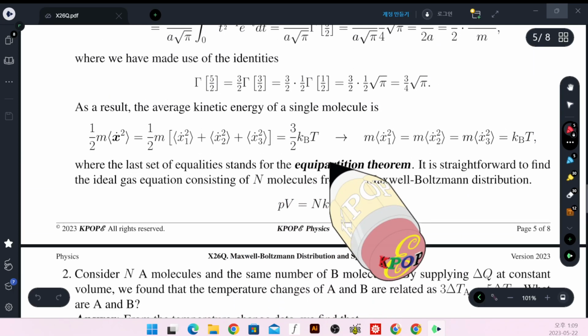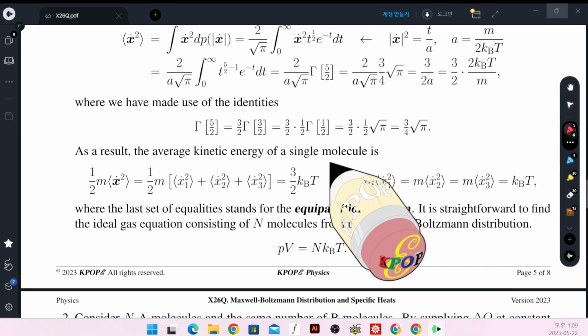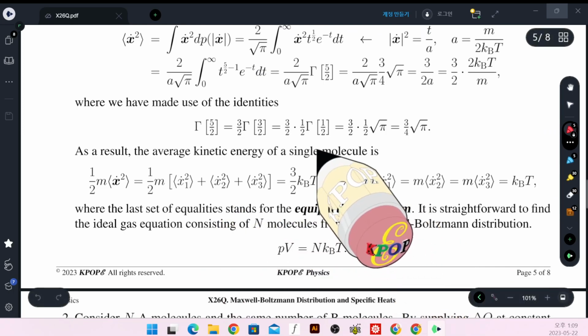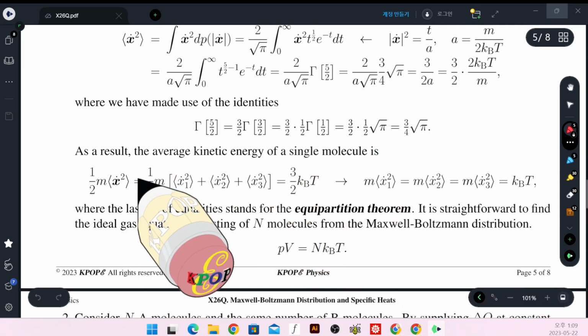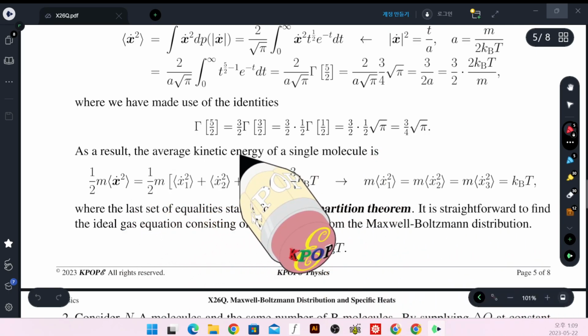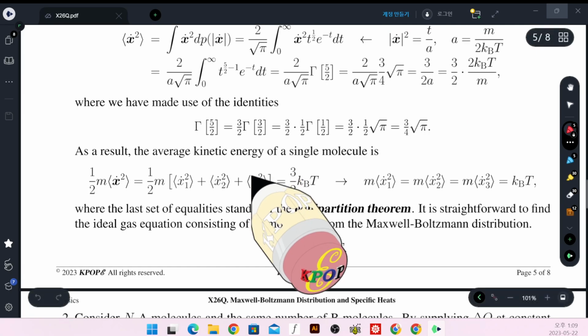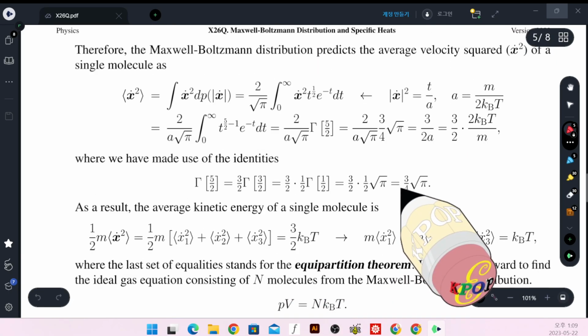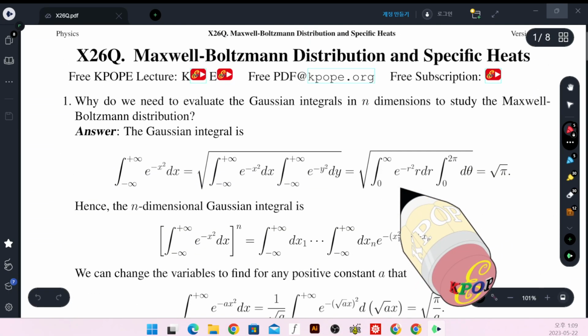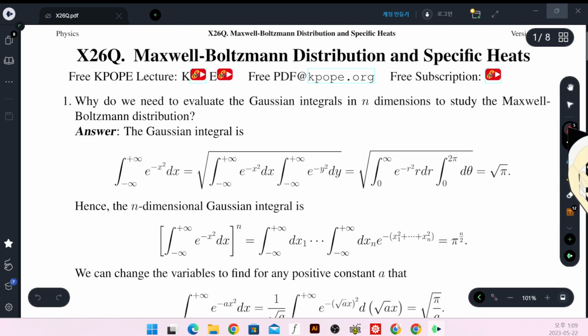And from this relation, we can identify how the average kinetic energy of a molecule is computed, and we can find that the Maxwell-Boltzmann distribution has a symmetry to satisfy the equipartition theorem. Okay, let's begin with the Gaussian integral.